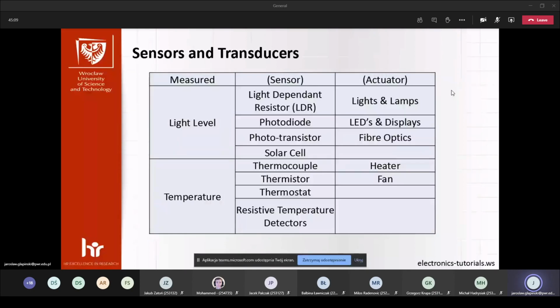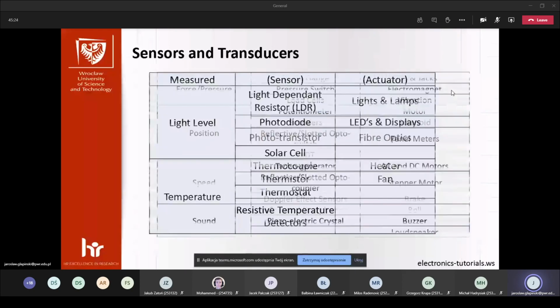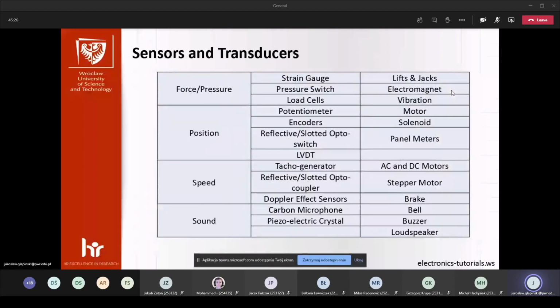For temperature, we've got thermocouple, thermistor, or resistive temperature detectors, and as actuators, heat, fan, or something like this. And for force, position, speed, and sound, we've got different kinds of sensors and actuators. You can see it in this table.